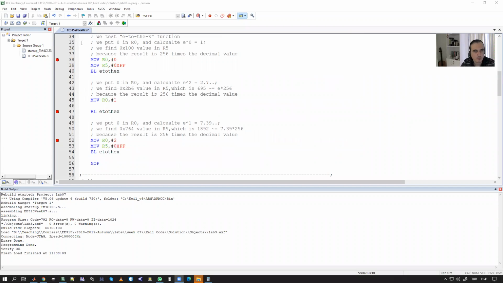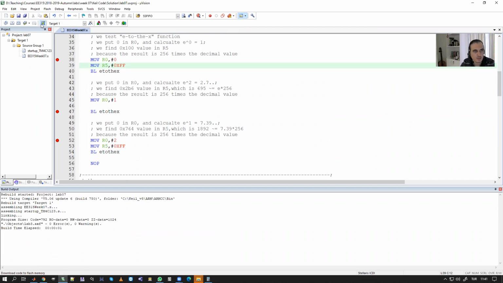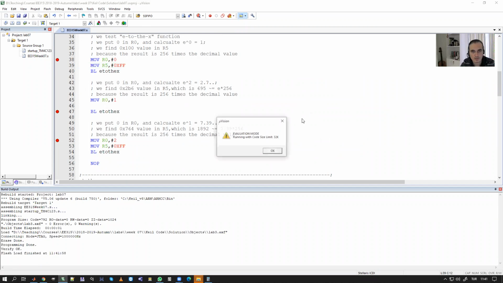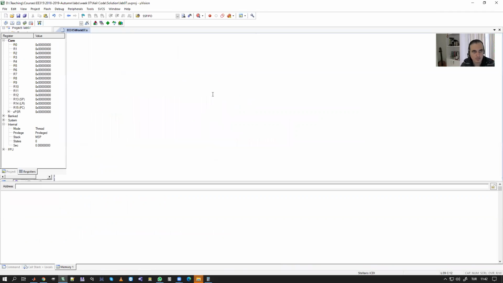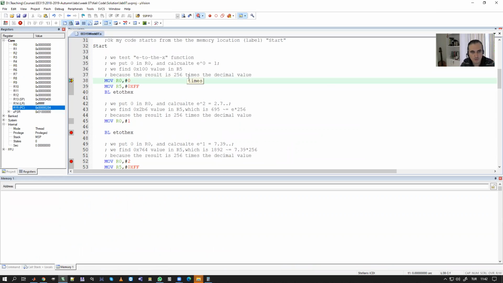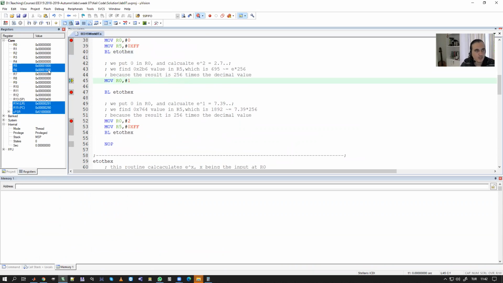Okay, let's see. So let's rebuild it, reload it. Okay, so can you see the result at R5? The result at R5 is this. If you can see 0, I'm going to write all numbers. 1, 0, 0.